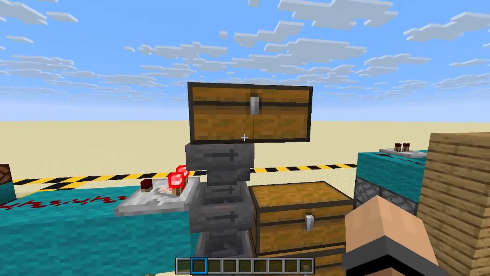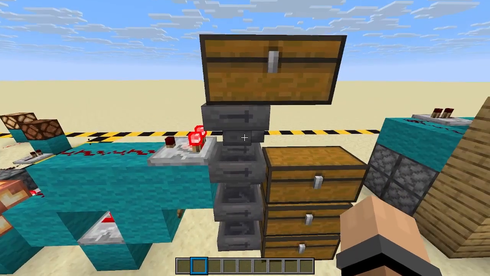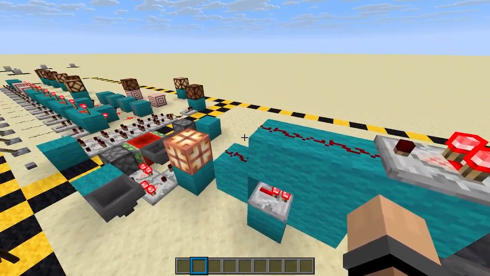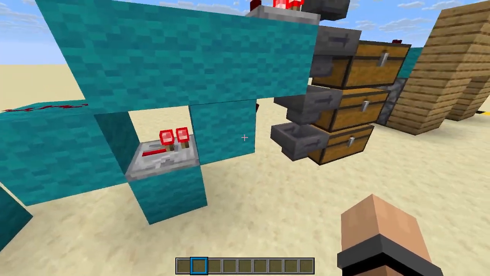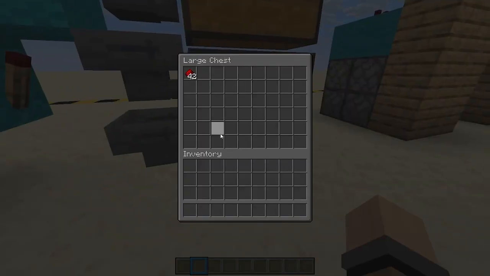This is set for redstone dust. So the moment I put it in here, you'll see it coming from here. This number will go up for a moment, but will not get less than 41, because that gives a signal strength of 3, thus keeping this powered. And all the redstone dust is coming down here, which will then allow you to have a fully sorted system.